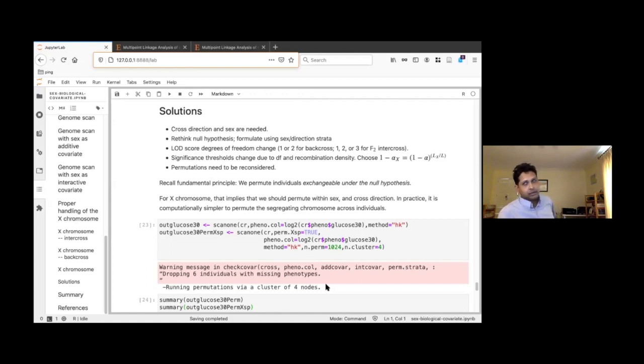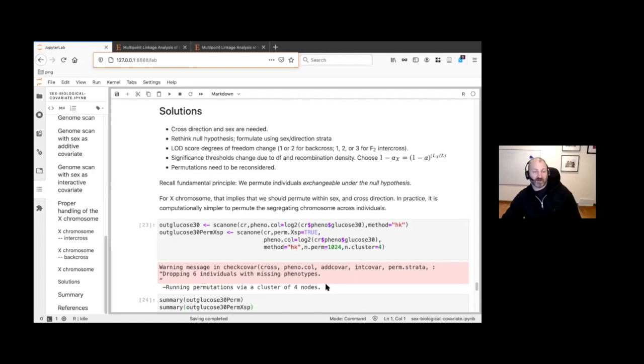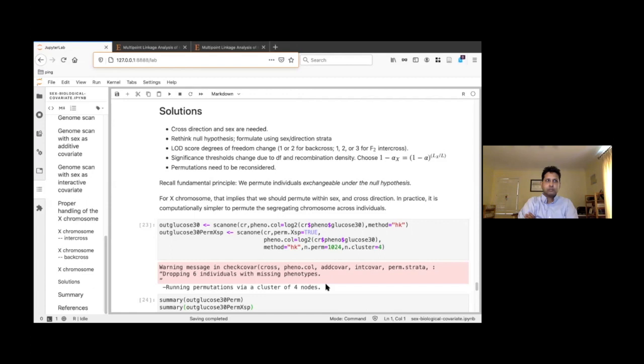Carl, I think you might have additional thoughts here as well. I think that the main reason that you need to use a separate threshold on the X chromosome is that the degrees of freedom for the test on the X chromosome is different from that of the autosomes.